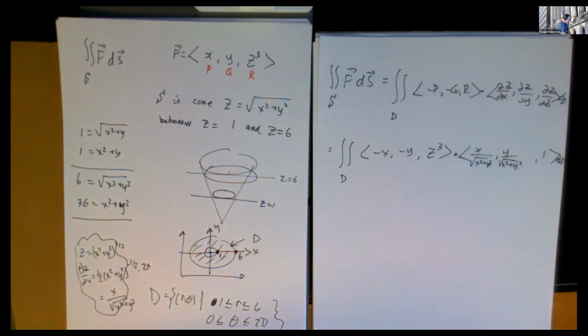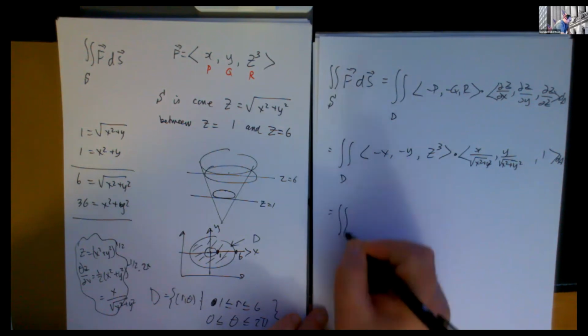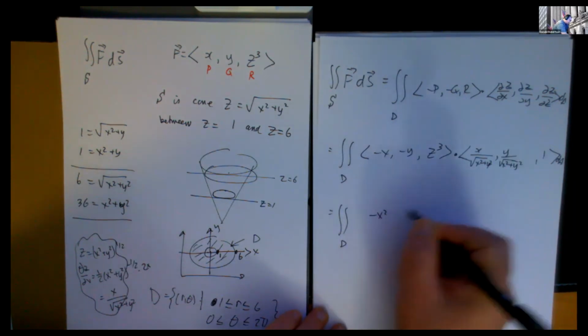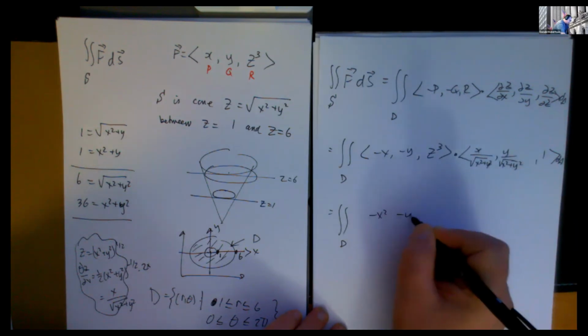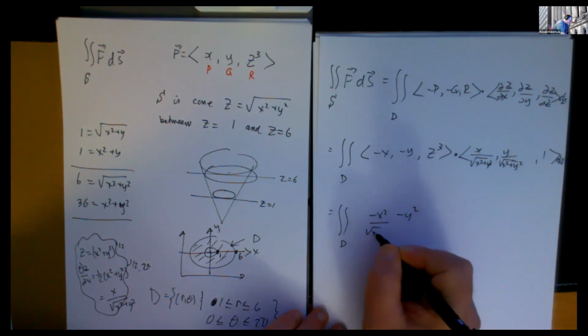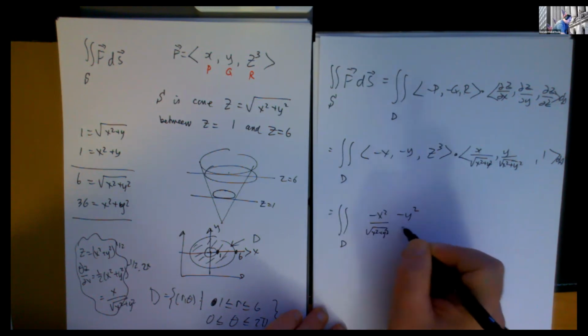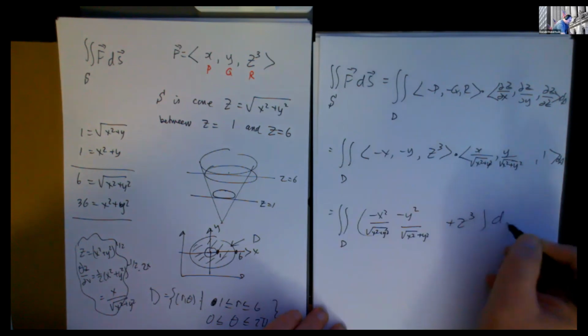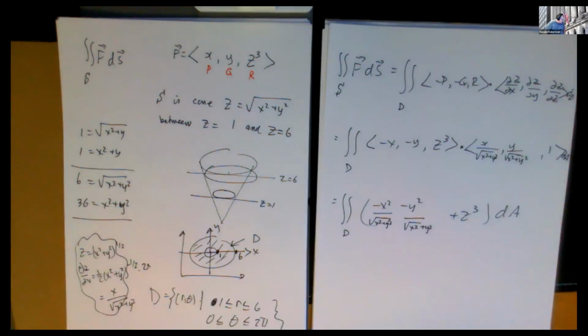Okay. Now you do the next bit and you're going to get that times that, which is negative x squared. That times that, which is negative y squared. That guy is over this fella. Take away that guy is over this fella. And finishing with a z cubed dA. Interesting.